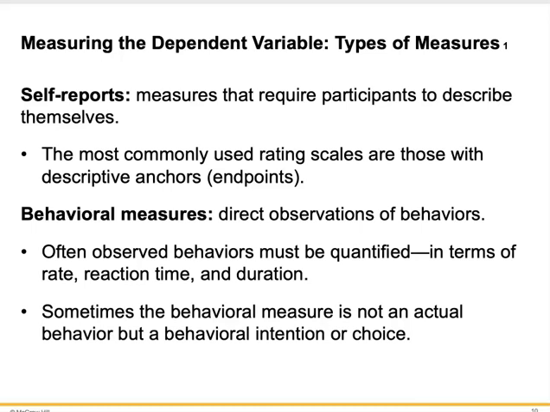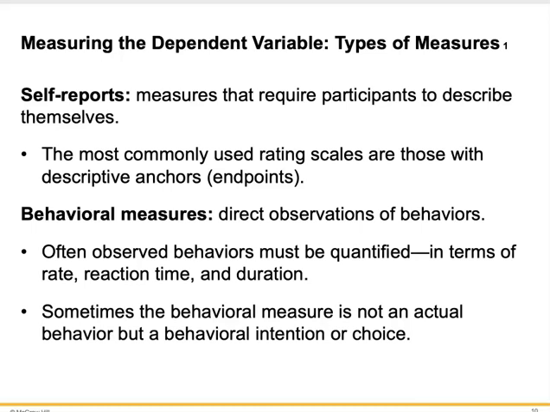When it comes to behavioral measures, there are direct observations of behaviors. As with self-reports, it's possible to measure an almost endless number of behaviors. Sometimes the researcher might record whether a given behavior occurs, for example, whether an individual responds to a request for help or makes an error on a test or chooses to engage in one activity rather than another.